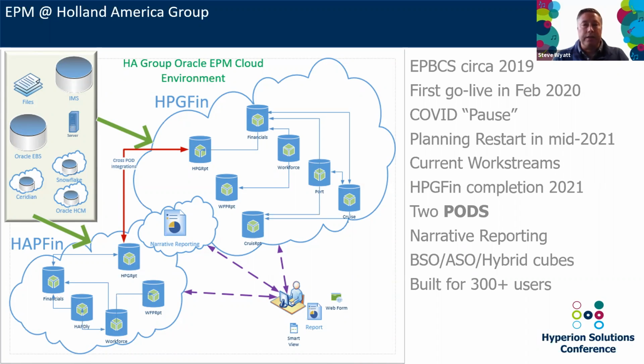We have a variety of block storage, ASO, and hybrid cubes, and this environment was built for 300 plus users. We have some future enhancement projects that are in the works or that we might consider later: depreciation, CapEx, a detailed crew workforce planning, and maybe someday some free-form planning types if our domain ever gets upgraded to enterprise planning, and of course, lots more narrative reporting.